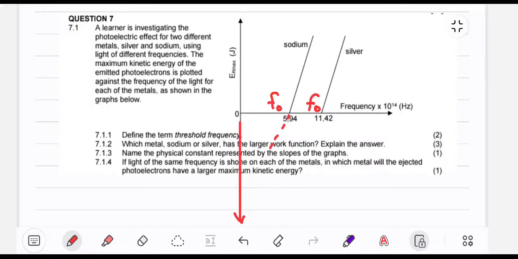Now let's assume that this graph was extrapolated. Now I wanna know where we cut the y-axis. Where we cut the y-axis, remember this line is the line of energy.